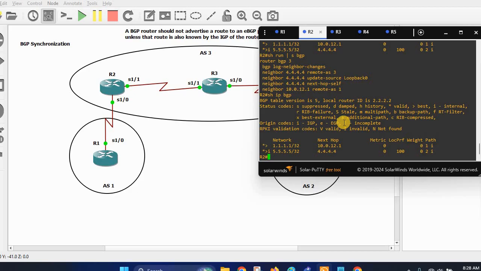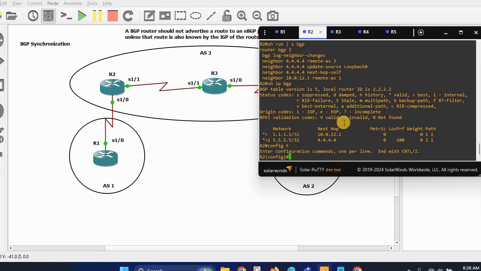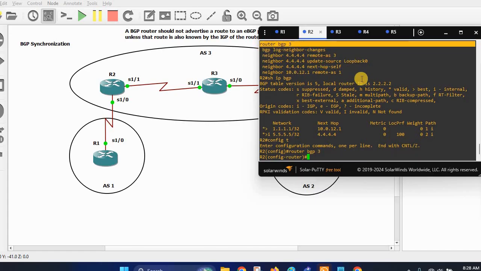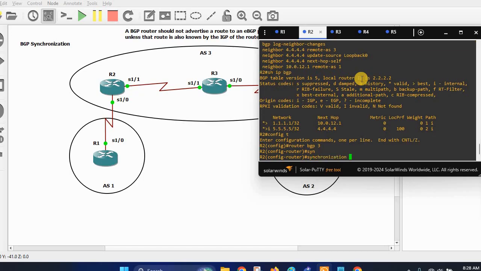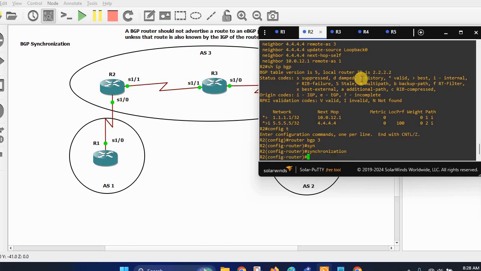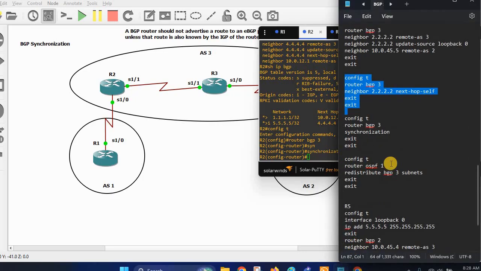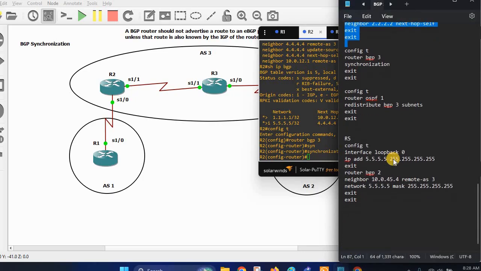Okay, so config t, router bgp, synchronization. Accordingly, the same thing here also. R4 also does the same thing.